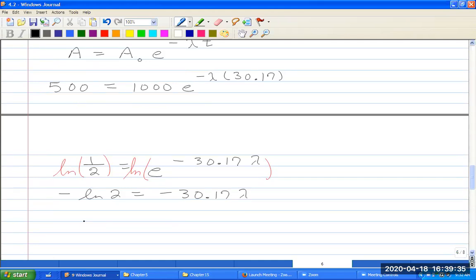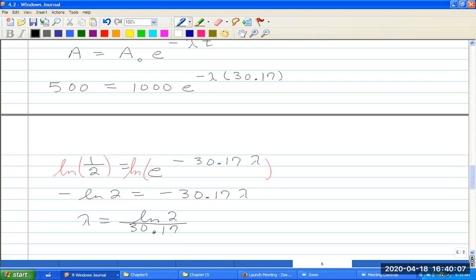Let's divide both sides of my equation by negative 30.17. So negatives cancel, so you get λ = ln 2 over 30.17.